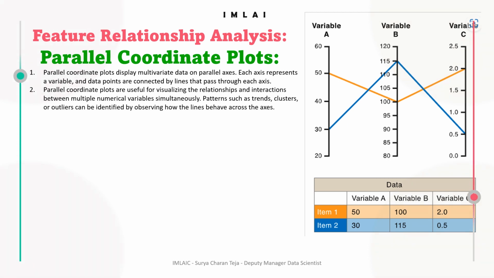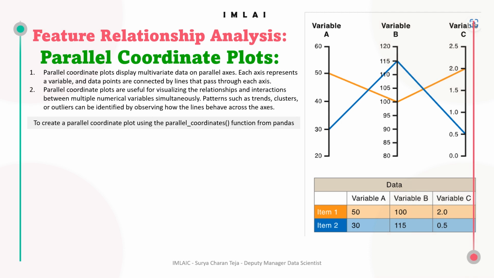Parallel coordinate plots are useful for visualizing the relationships and interactions between multiple numerical variables simultaneously. Patterns such as trends, clusters or outliers can be identified by observing how the lines behave across the axes.